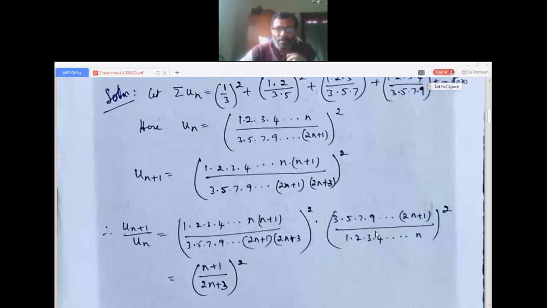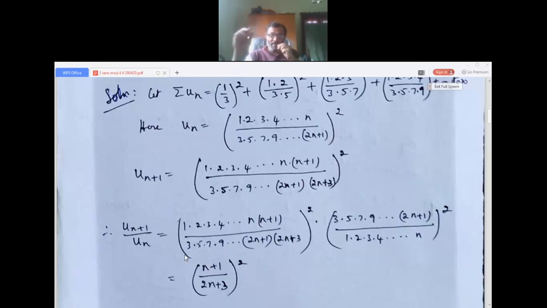Now, when you look at this carefully, you can use your laws of indices and multiplication rules, which you studied in high school, from 7th standard till 10th standard, to solve this. What happens? 1, 2, 3, 4 till n get cancelled. Here, 3 into 5 into 7 into 9 till 2n plus 1 get cancelled.